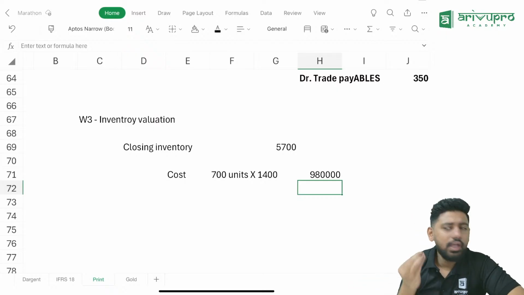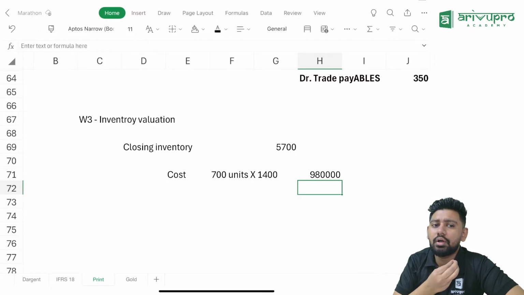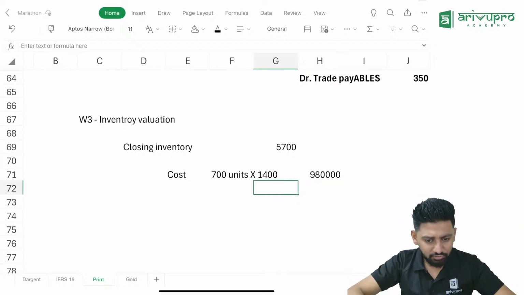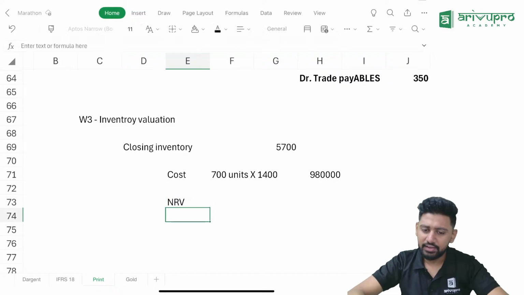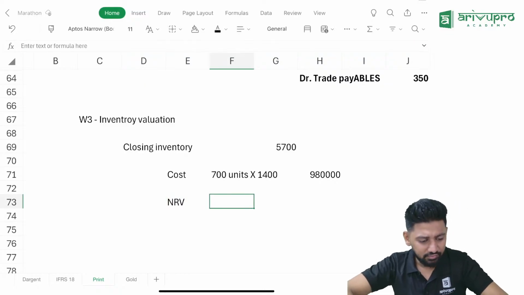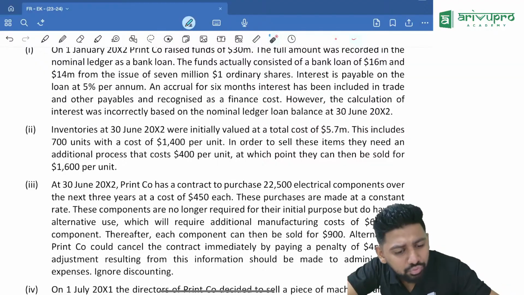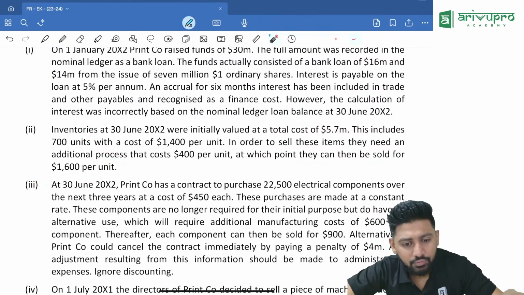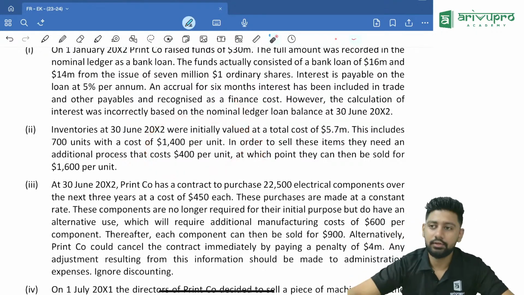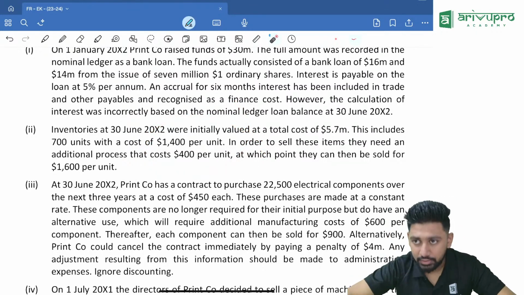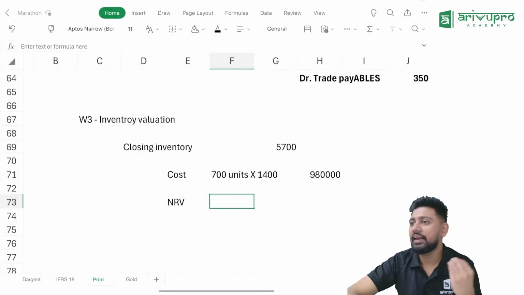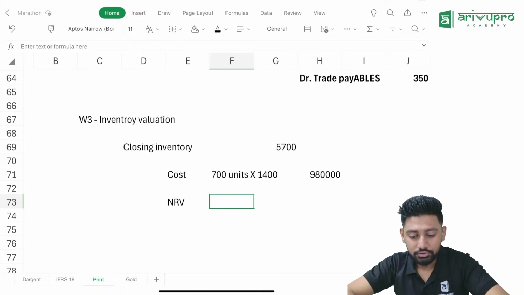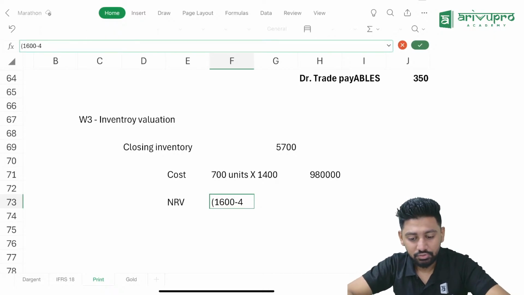But this we have to check with cost or NRV, whichever is lower. So this is our cost, and then we have our NRV. How much is the NRV? They say if we have to sell this at 1,600, we have to incur a cost of 400. Meaning our NRV will be our selling price minus cost to sell, which is 1,600 minus 400.